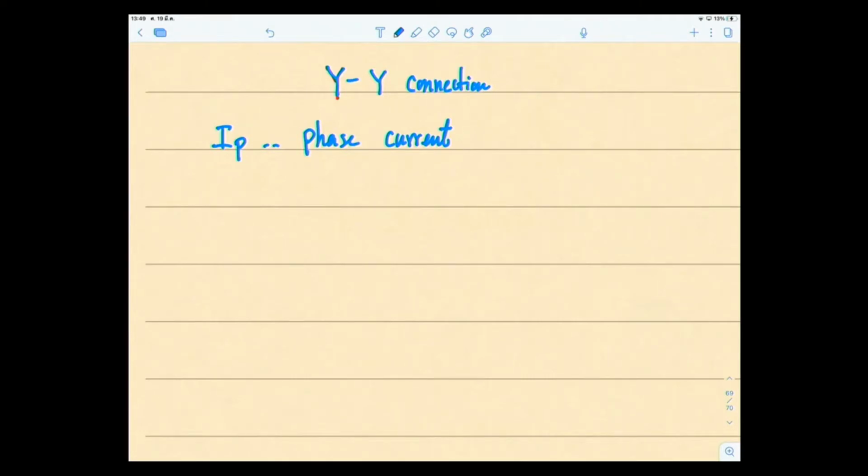Then there is VP, phase voltage. So it's a voltage from each phase. Another one is line current.